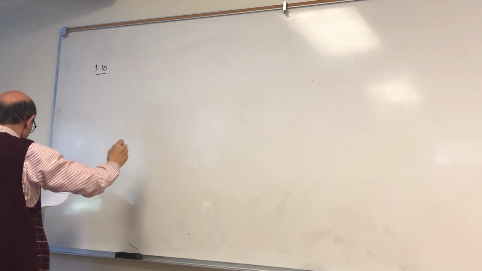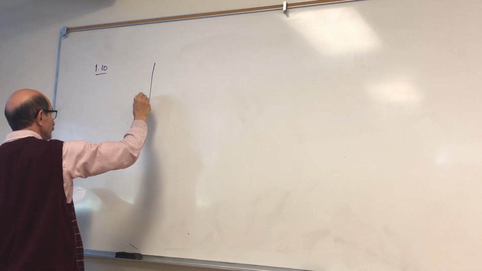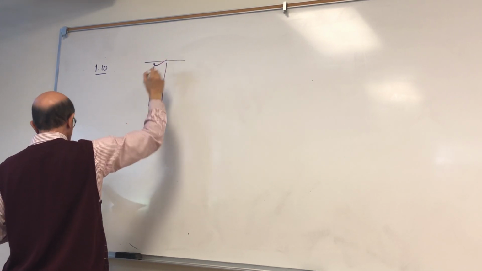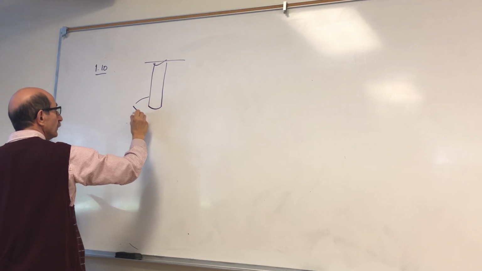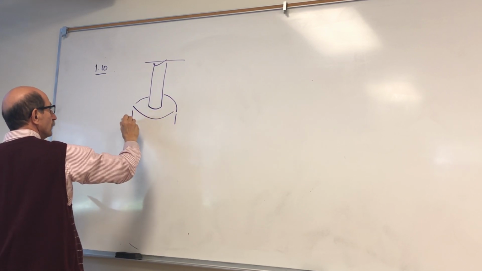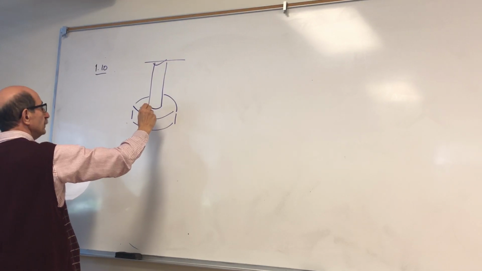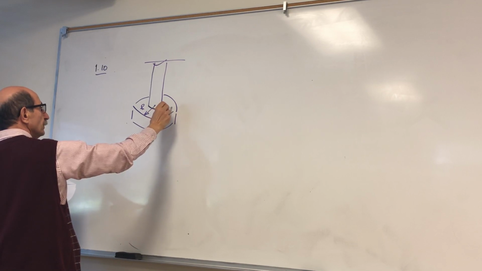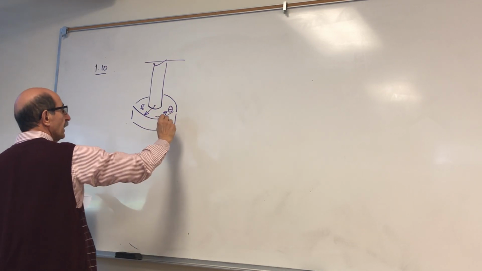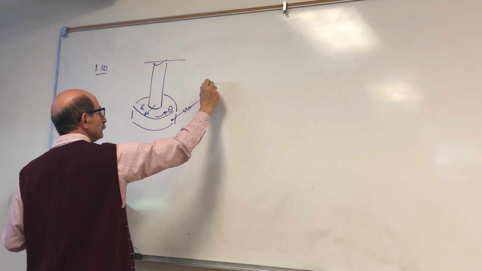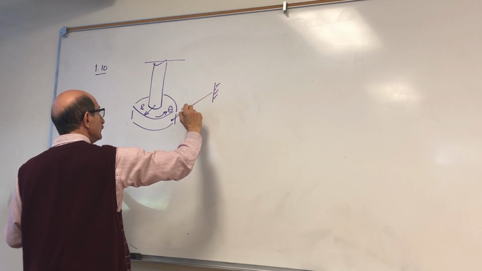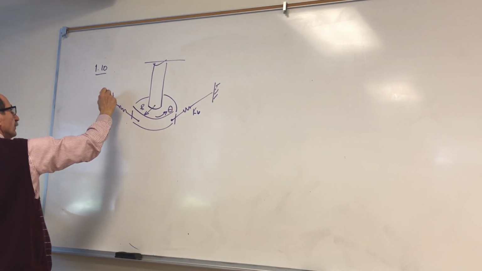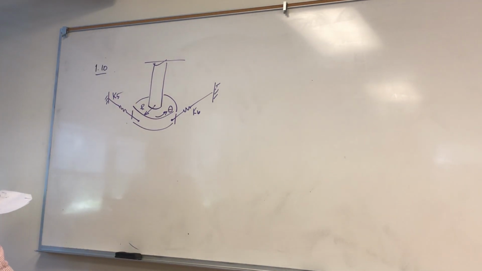We have a system that is like this. I'm not going to do as fancy a job drawing it. So you have a disk with a radius r that is going through a rotation theta, and there are these two springs, K5 and K6, connected to that.